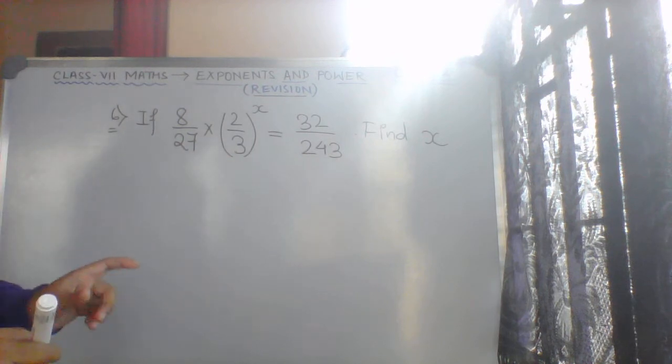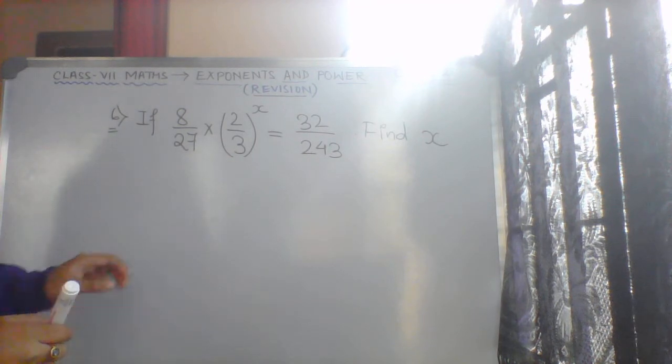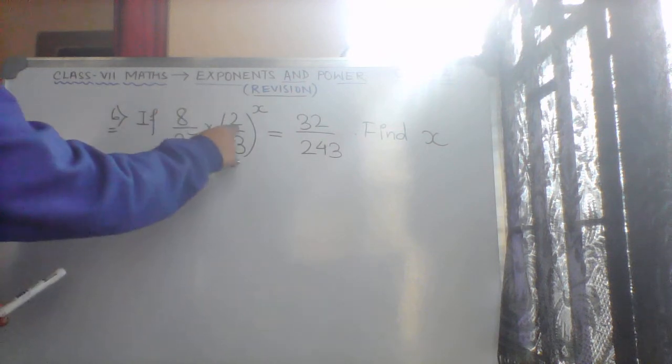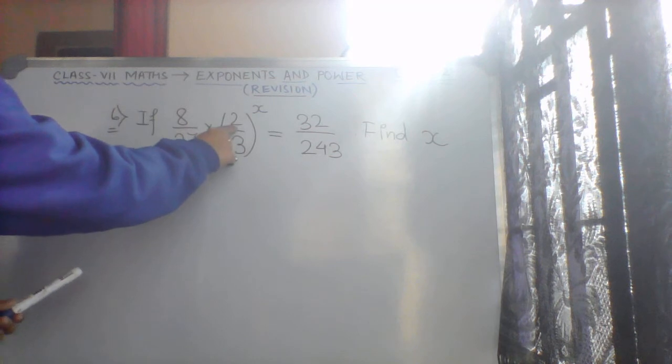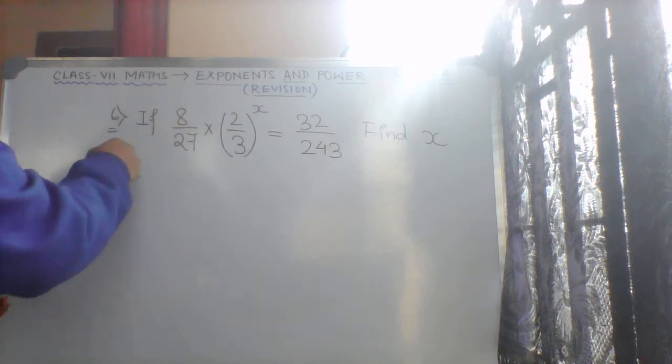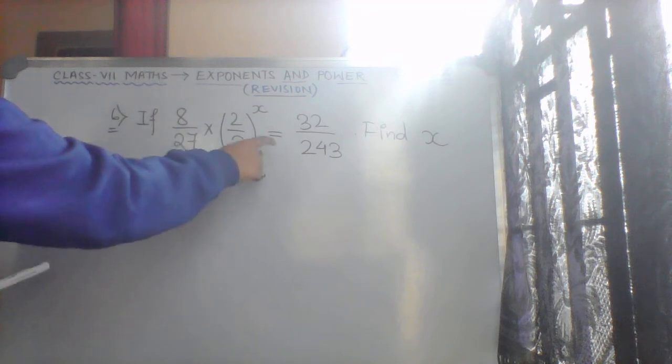Here 2 and 3 cannot be further prime factorized, but we can prime factorize 8, 27, 32, 243.